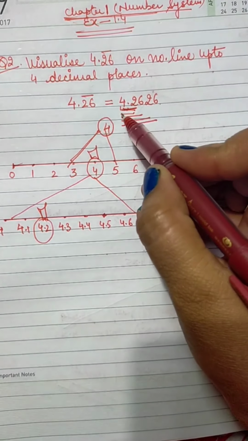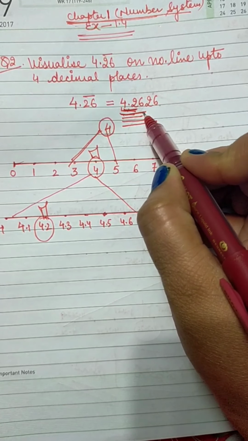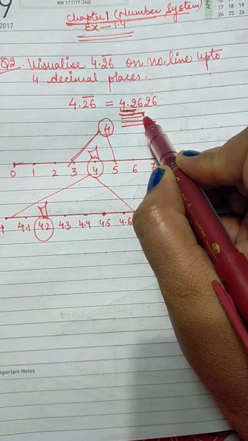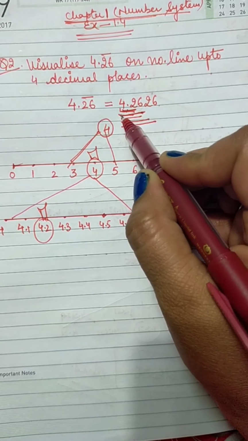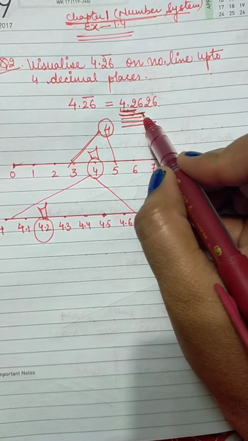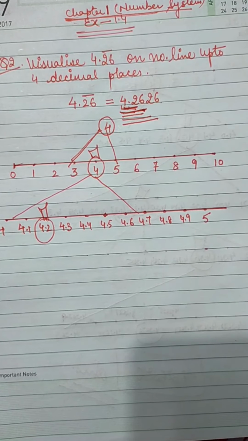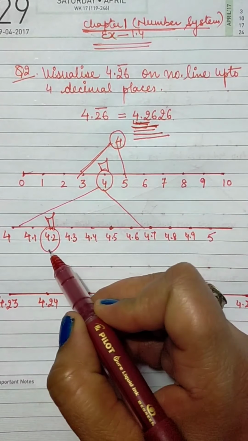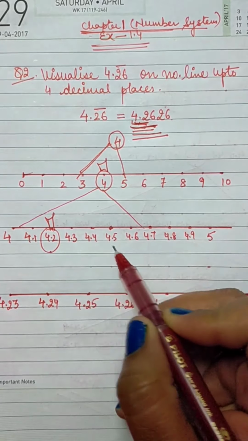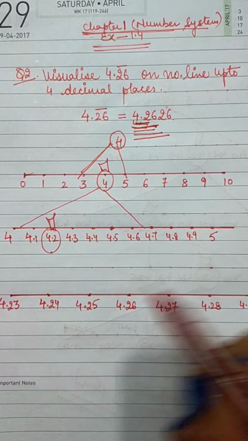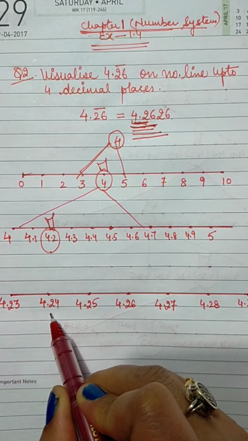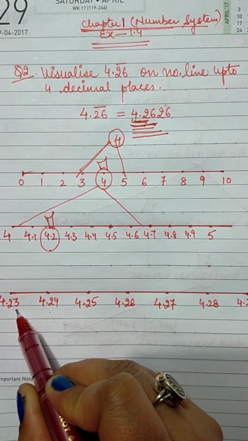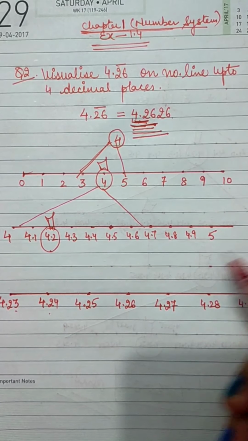Next number we need is 4.26, and we know 4.25 and 4.27 will be there, and in between 4.26. So let's see the next number line. So here is another number line, 4.2, 4.21, 4.22, 4.23, 4.24, 4.25 and so on.